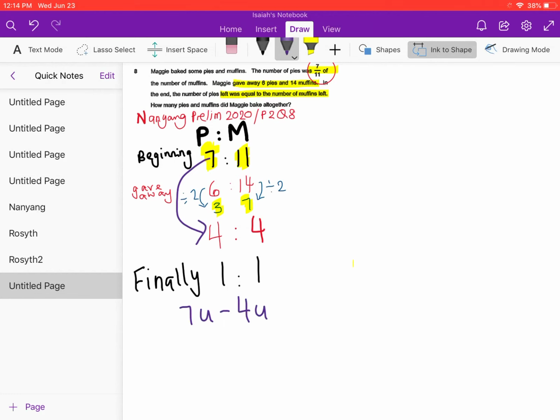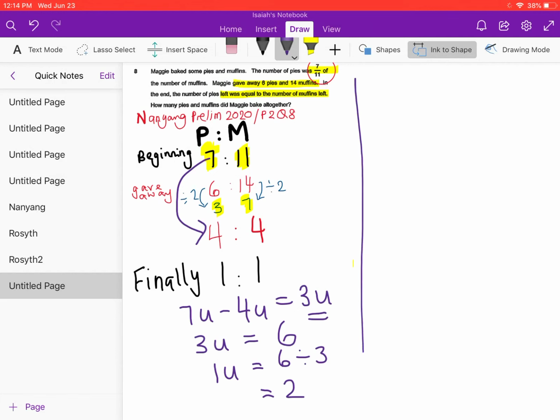And we know that this 3 units over here will be actually the 6 pies that were given away. So 3u is actually equals to 6, the 6 pies which were given away. So that will give us 1u to be 6 divided by 3. 1u is actually 2.